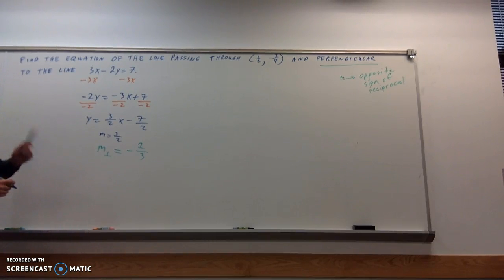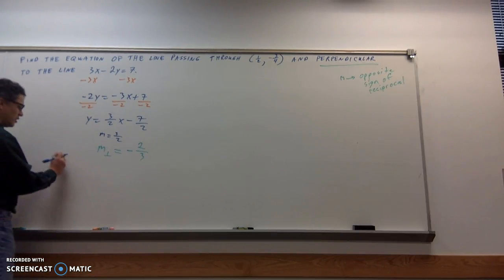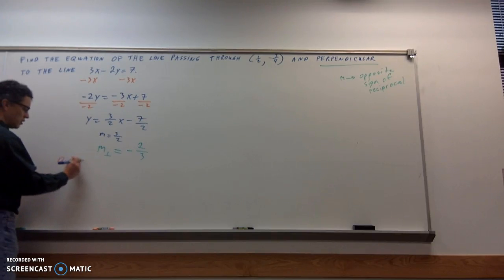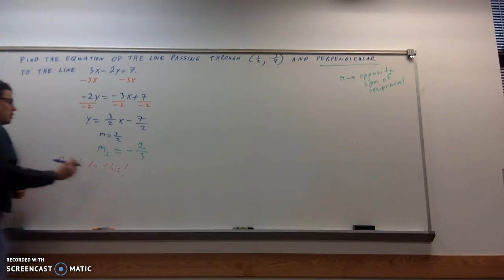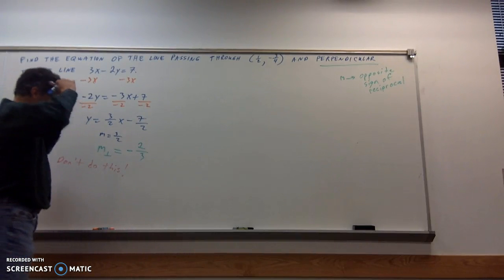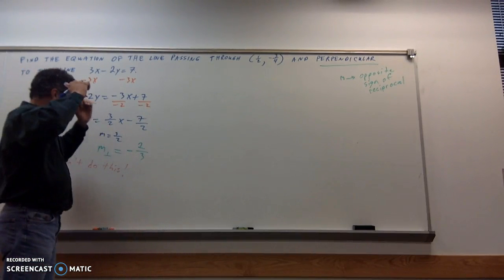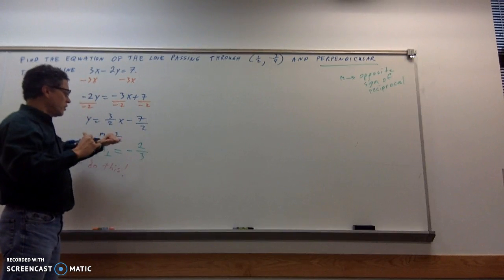Now, where people mess up so many times on the final exam, I see this so often, so don't do this. People say, okay, perpendicular slope, I'm stressing out. Okay, negative, opposite reciprocal, okay, I've got it.